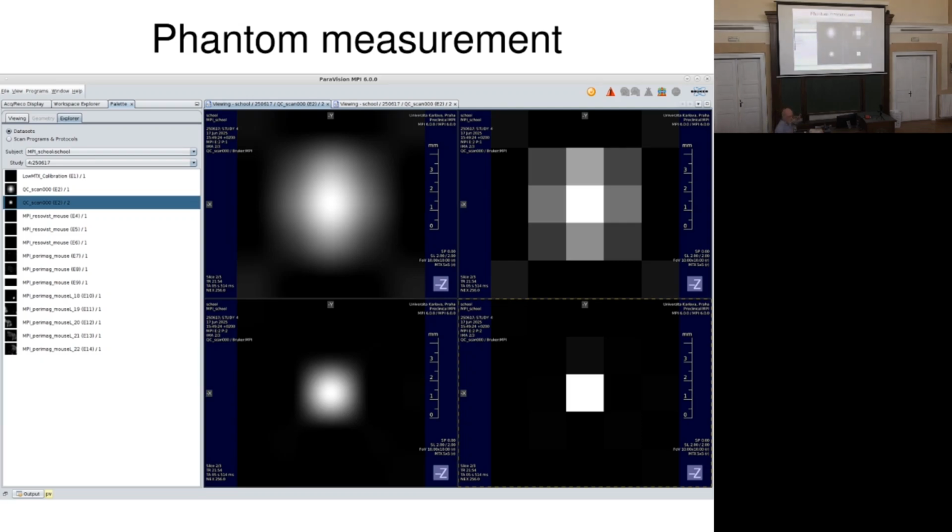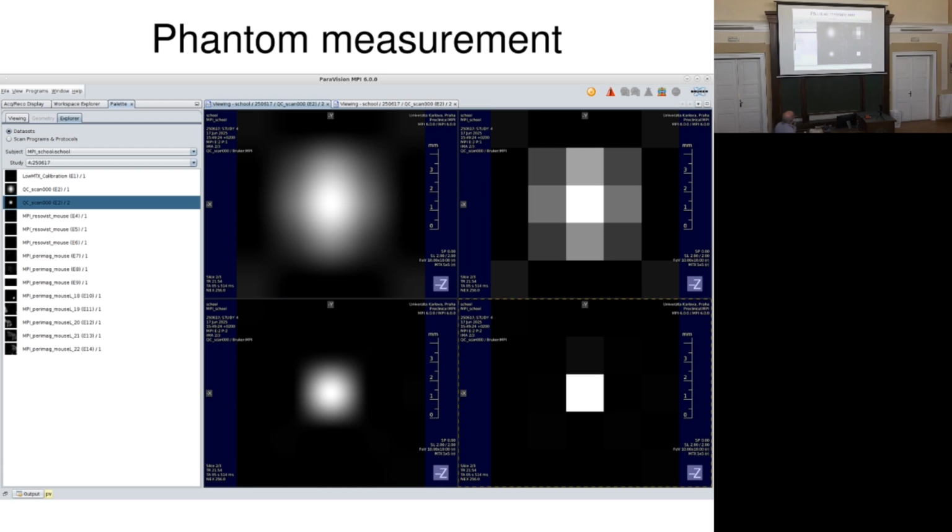And during the first hands-on, which we did here, I didn't realize this. I realized it at night when I was thinking why we received such a bad image. And this was the case.